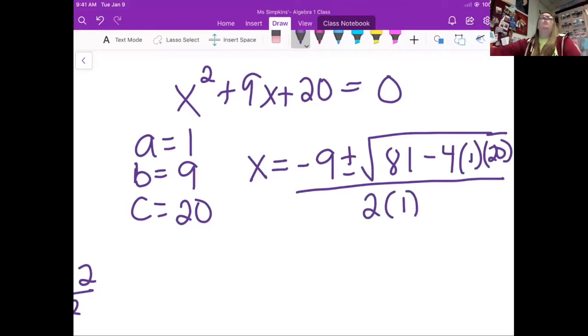In this case, a is 1. A will equal 1 a lot, but sometimes it will not. So just be careful.